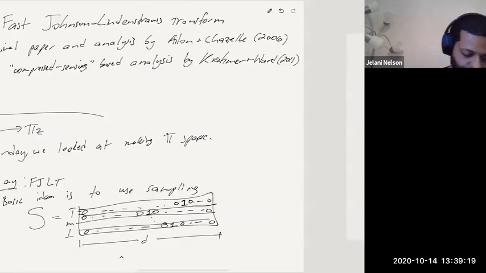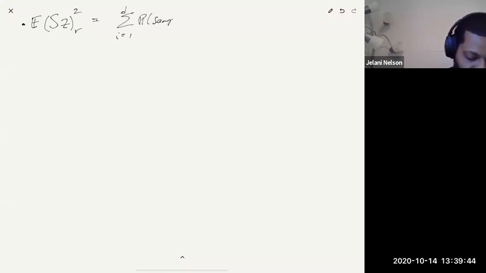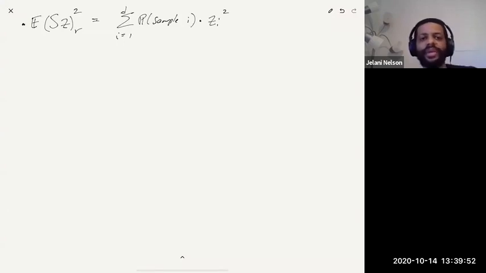Now, if you look at any one of the entries, like if you look at the rth entry of Sz, and ask yourself, what is the expectation of the square of that? That's equal to the sum over i from 1 to d of the probability that we sample i times z_i squared. And if we're doing uniform sampling, then the probability that we sample i is 1 over d, right?